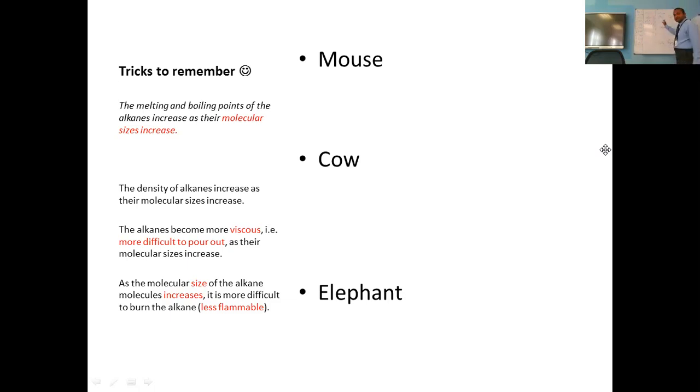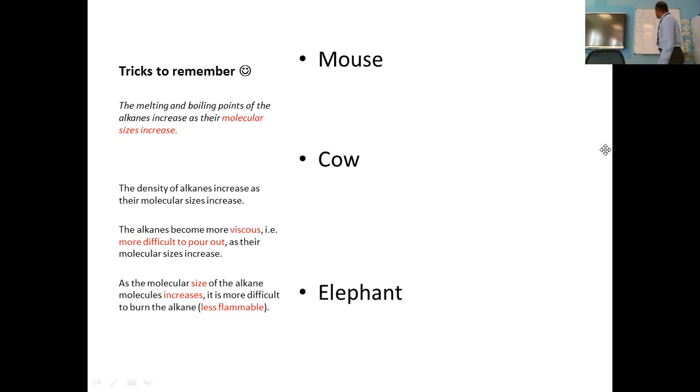If you want to cook them, which one would be very easy to cook? The mouse is very easy. In a very short while, the mouse will boil, compared to the cow. If you compare with the elephant, it's going to take a very long time to cook. So it shows that the boiling point or melting point of the molecule gets higher as you go down the group because the size is getting bigger.